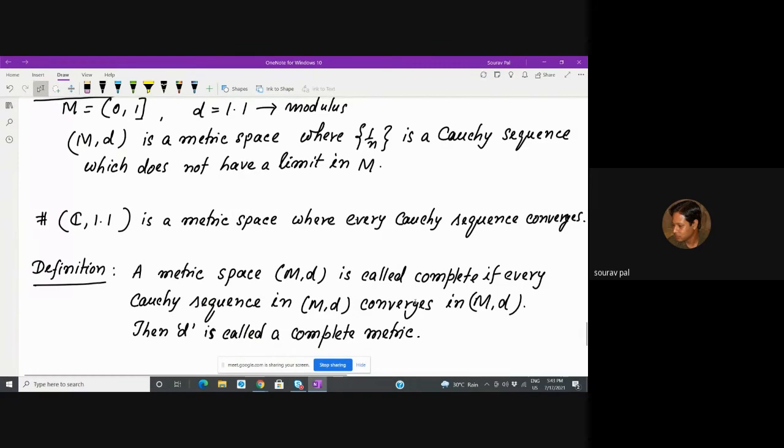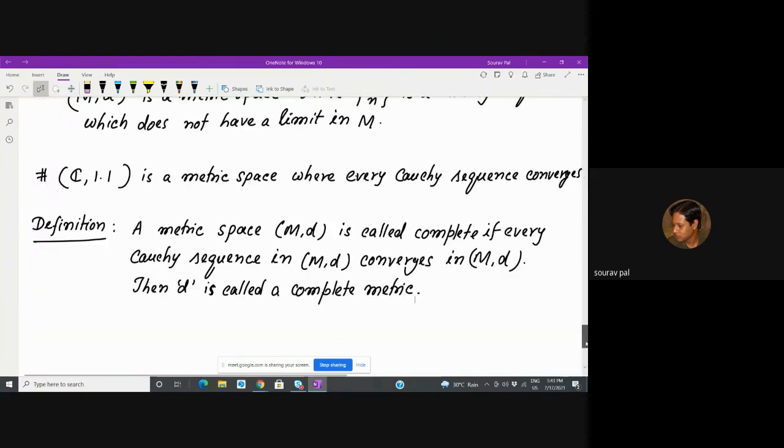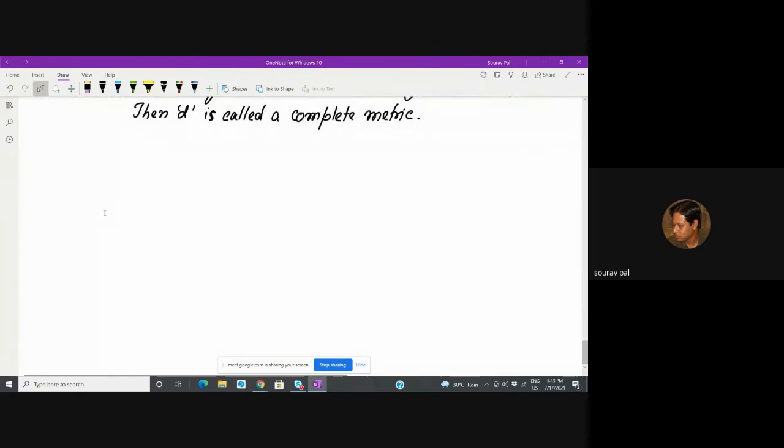Okay, now briefly I'm going to define what a limit is. Perhaps you guys know it.